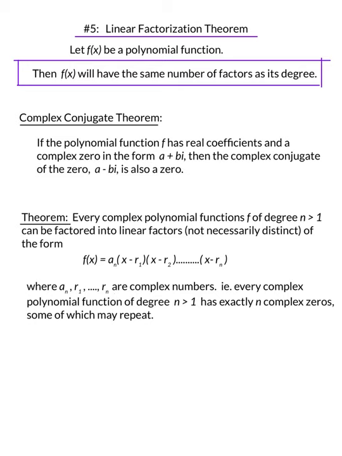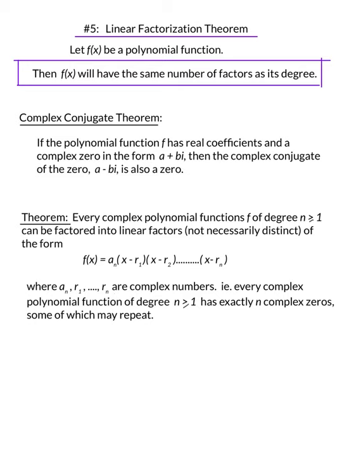All right, so the next theorem states this. Every complex polynomial function f of degree n, which is greater than or equal to 1, can be factored into linear factors, not necessarily distinct, of the form f of x equals a sub n times x minus r1 times x minus r2 through x minus rn, where a sub n and r1 to rn are complex numbers.